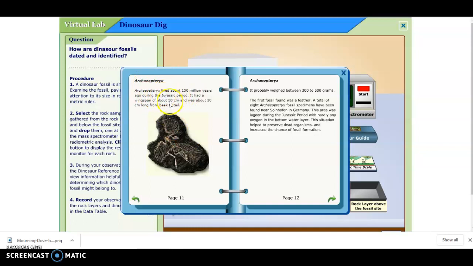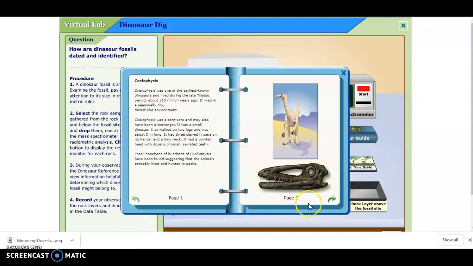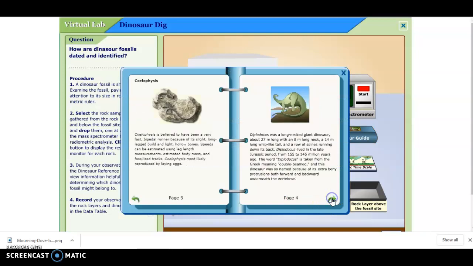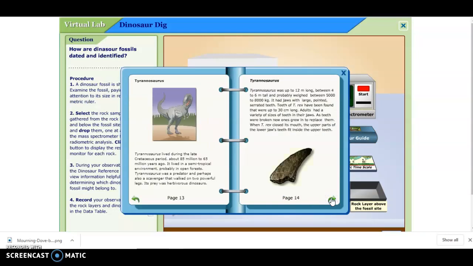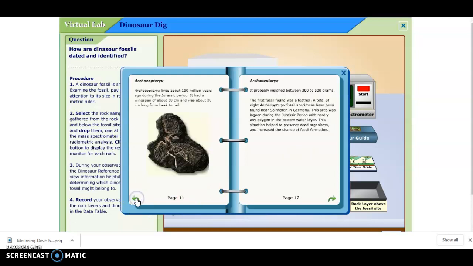Lived in the Jurassic, so that works out. And feathers. So you see these impressions of feathers here. That's kind of what this looks like right here. Those look like impressions of feathers. So if we look at the other pictures, there's nothing else that it really resembles. So we'll go with that.